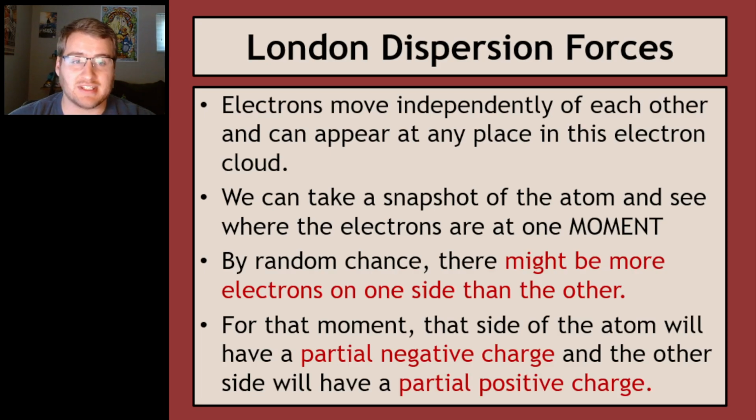And we can take a snapshot of the atom and see where those electrons are at one moment in time. By random chance, at that one moment in time, there might be more electrons on the left or more electrons on the top of the atom, or just randomly somewhere in the atom you might have more electrons. And for that moment, that side of the atom will have a partial negative charge, which means the other side must have a partial positive charge.